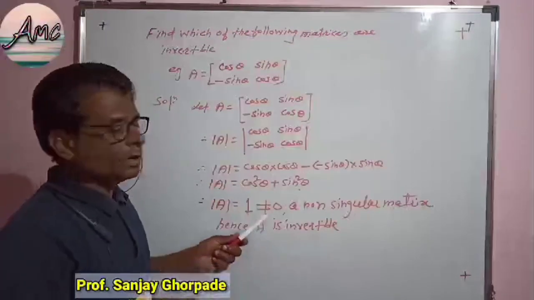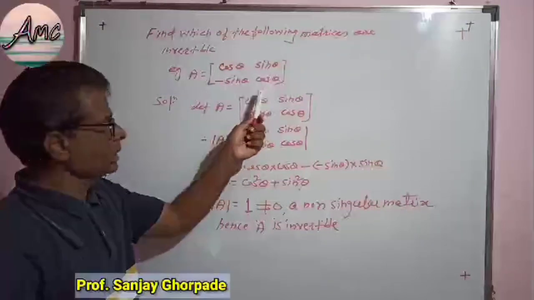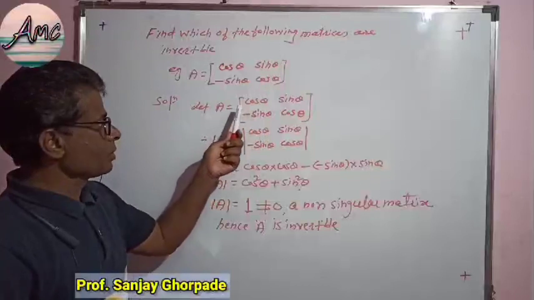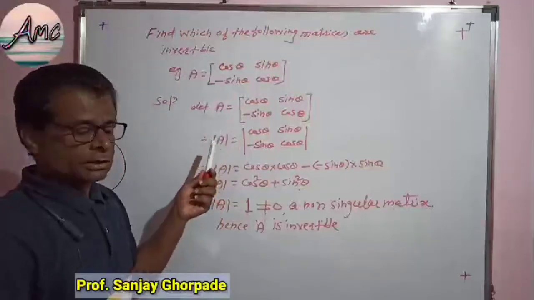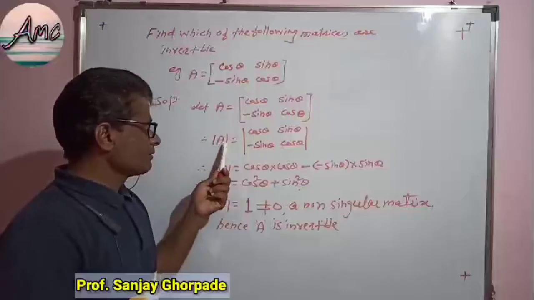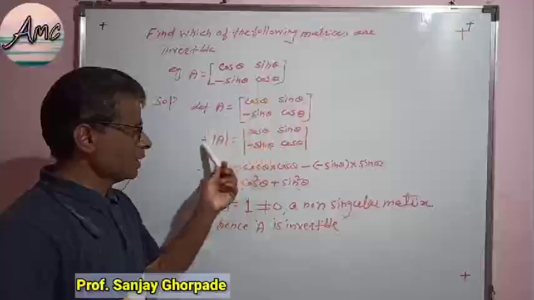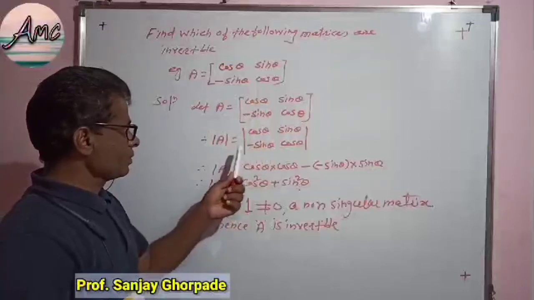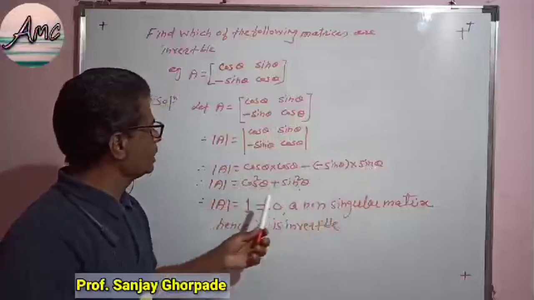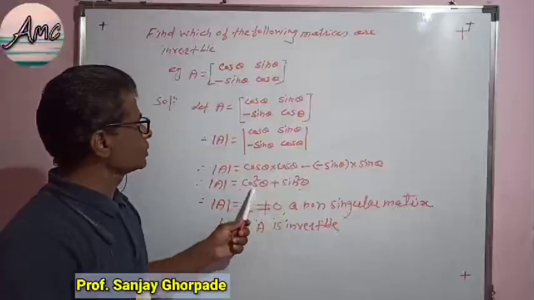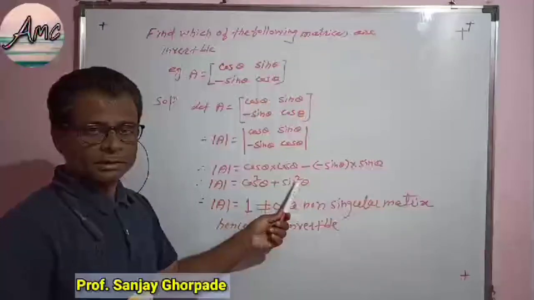Take the next example. Matrix A equal to cos theta, sin theta, minus sin theta, cos theta. Write down its determinant and find its value. Determinant of A equals cos theta into cos theta minus minus sin theta into sin theta. So cos theta into cos theta is cos square theta, plus sin theta into sin theta is sin square theta.